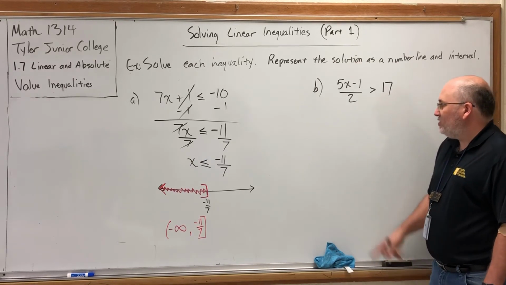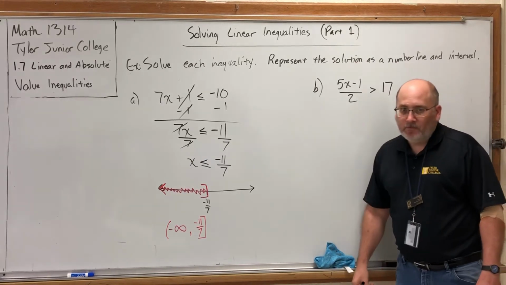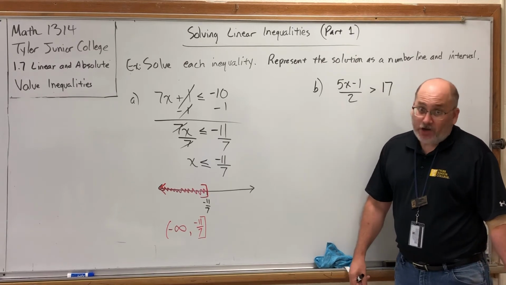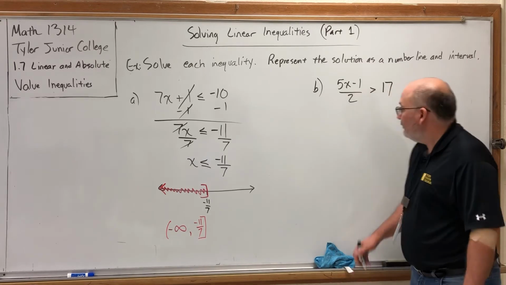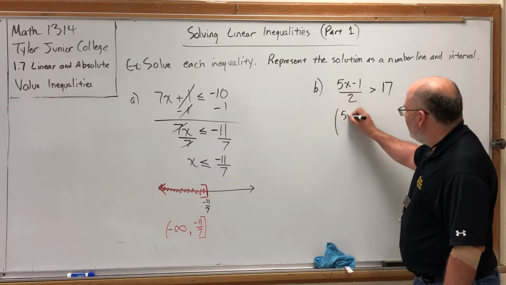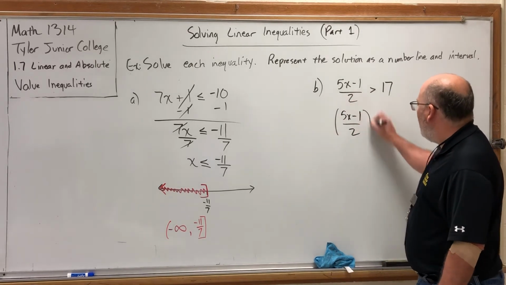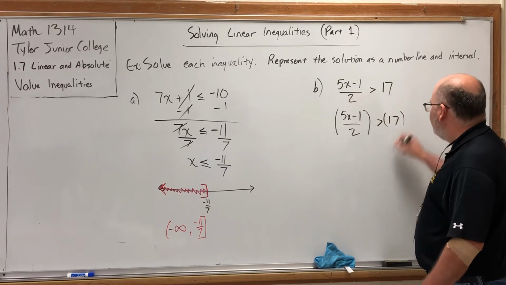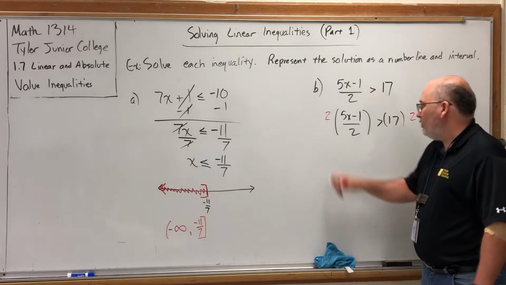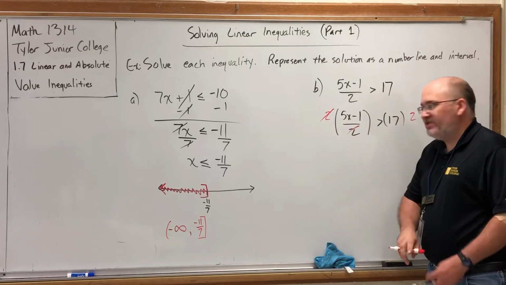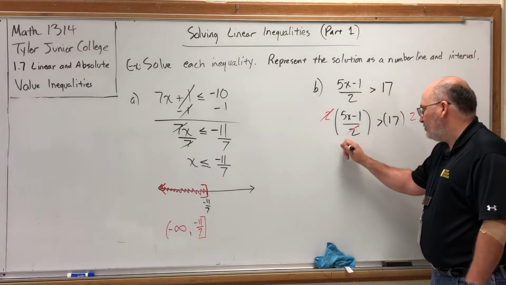So what's the advantage to looking at this as a division problem? Well, if I want to undo a division problem, what's the opposite of dividing? Multiplying. So I would recommend as the first move on this inequality to multiply both sides of the inequality by 2. That will give you the opportunity to cross out the 2's, and now it is not a fraction.